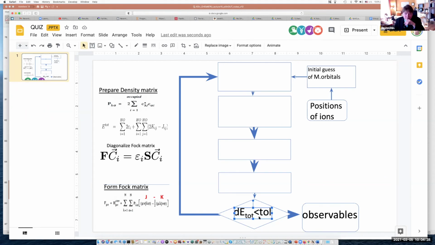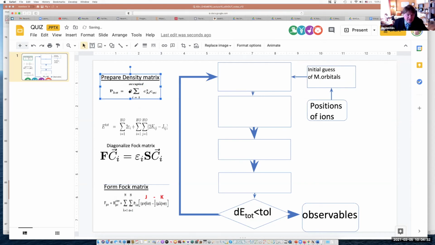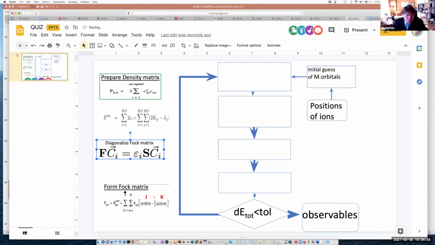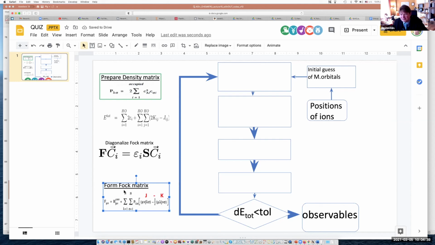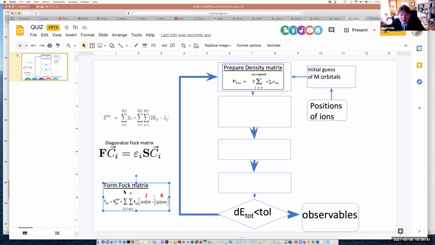So let's try to take the remaining four boxes and place these boxes into different places of this flowchart. So who did this density matrix motion? Me. No, put it back.